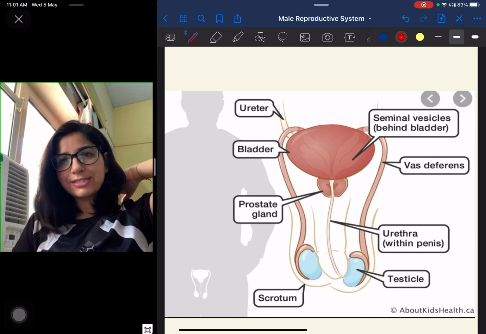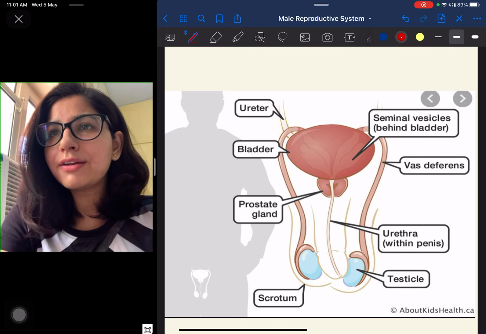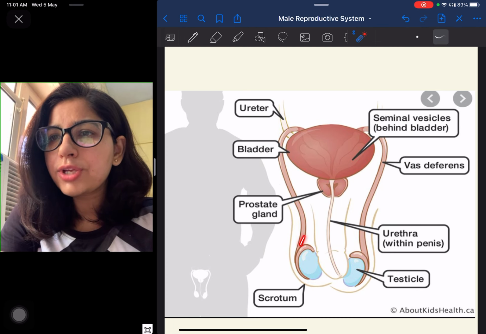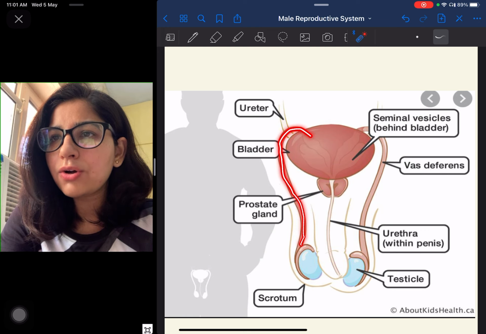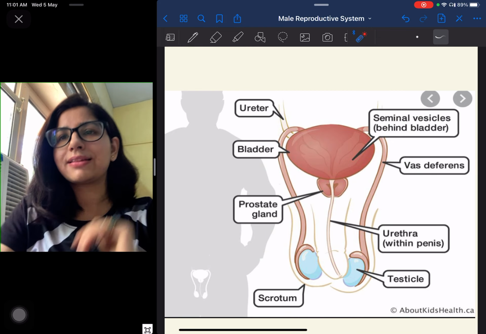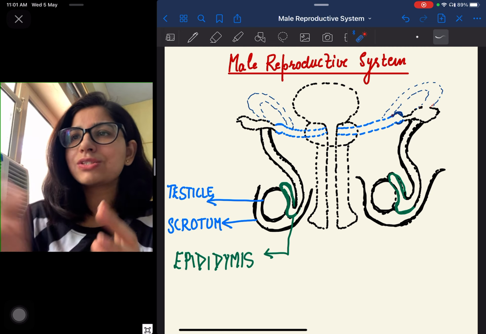You cannot show this part. So we are showing it in a separate manner. But here if you will see it, अगर आप यहाँ पे देखोगे तो ये vas deferens जाती है और urinary bladder के साथ जाके यहाँ पे seminal vesicle urinary bladder के पीछे रहता है. So when you draw, then we will draw in this manner.